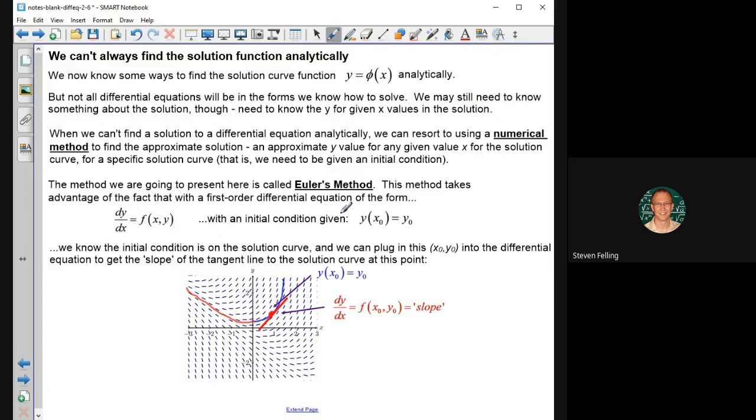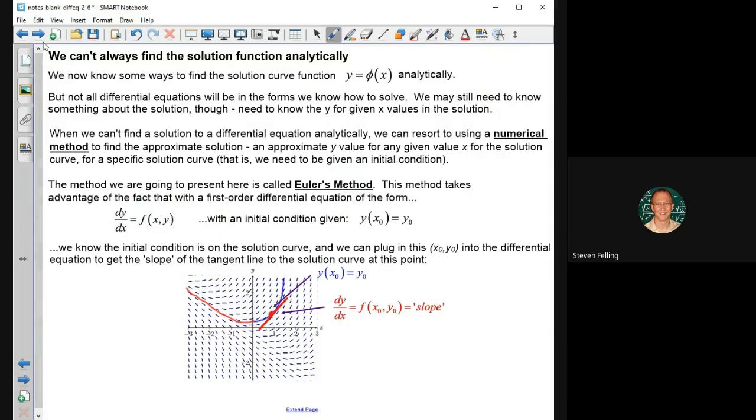And as long as you have an initial condition where you know some x0 value, you can plug it in and find what the y value is, which then defines a specific solution, then that means that at this point, we know one point that's on the curve. And by plugging it into the differential equation, we know one slope value. So we start out knowing one point on the curve and the slope in the immediate vicinity of that point.